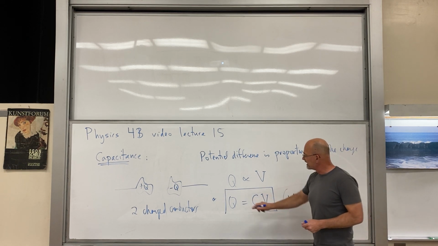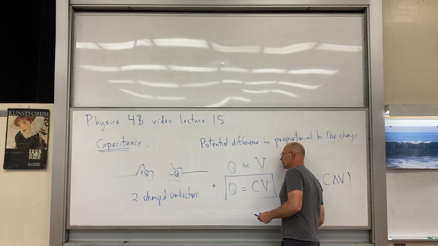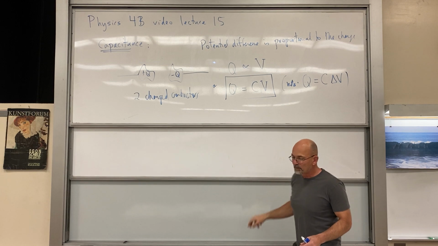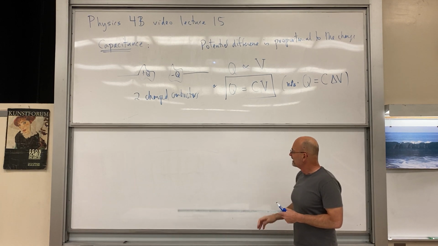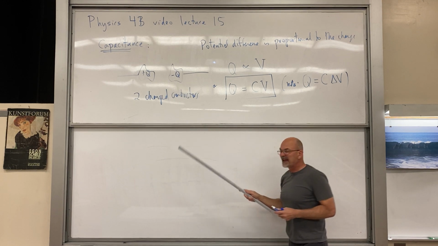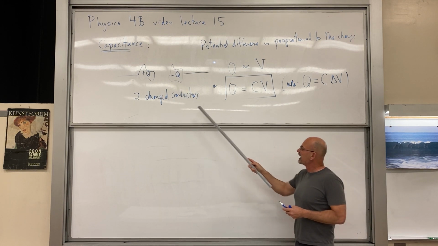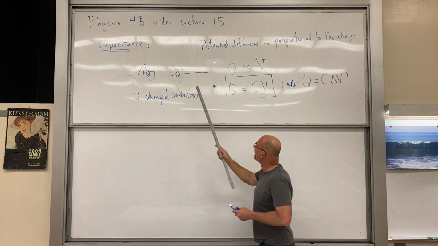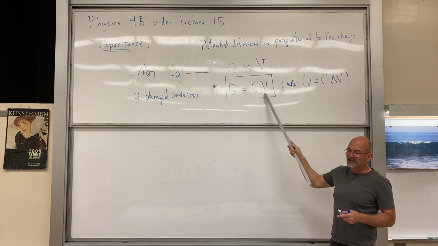But yeah, let's go ahead and take that as our definition. And this capacitance, this proportionality constant, depends on the geometry here. Okay, so right now I can't say any more about it. If I take a specific shape of conductors and configuration, then I'll be able to actually calculate it.